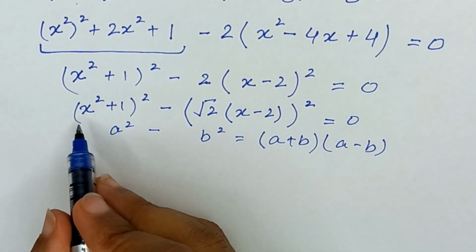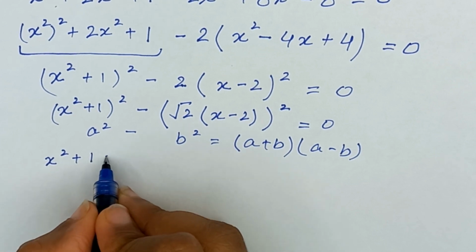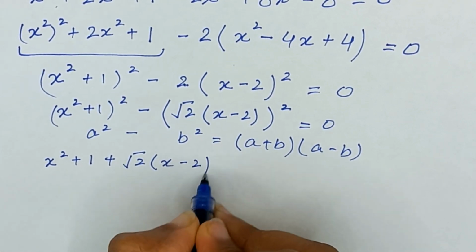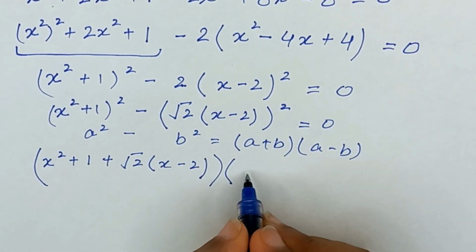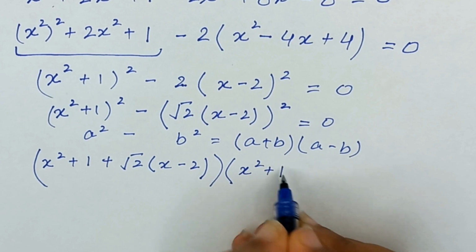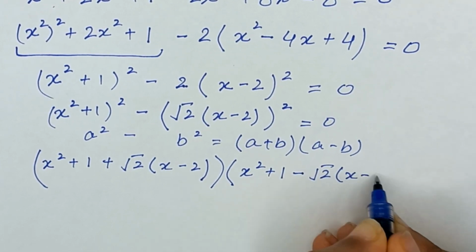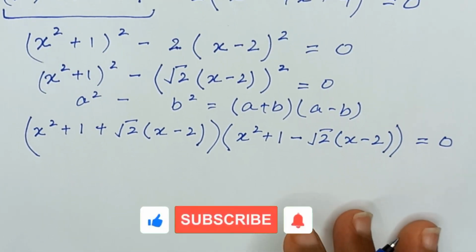So it can be written as x square plus 1 plus square root of 2 times x minus 2. A minus b means x square plus 1 minus square root of 2 times x minus 2. And it will be equal to 0.